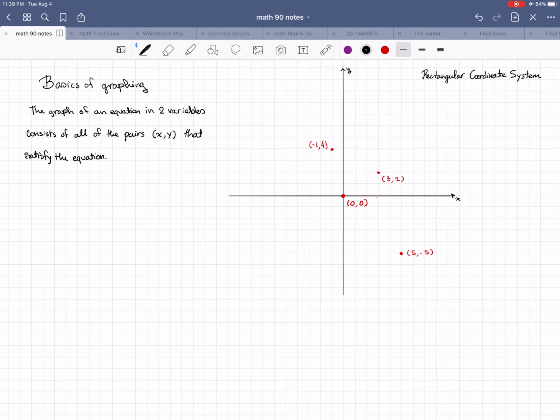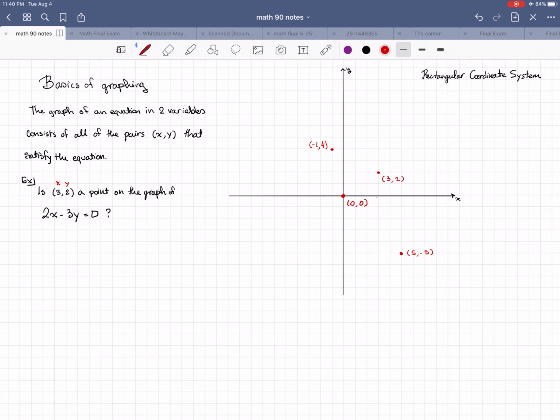Okay? So let's try a couple of examples. Say that we're going to ask the question, is 3, 2 a point on the graph of 2x minus 3y is equal to 0? Well, again, 3 here is the x-coordinate, 2 is the y-coordinate.